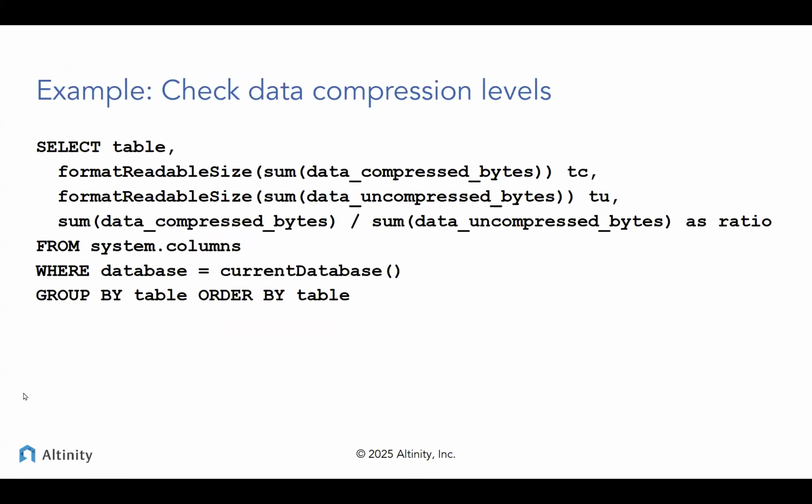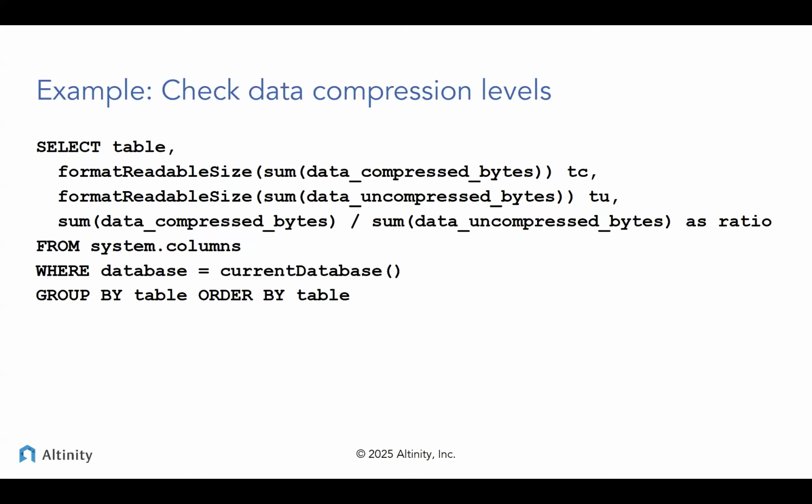There are also system tables for memory. In the interest of time, I left them out, but let me give you a couple of examples. Here's one of my favorite queries to find out really quickly what the level of compression on a table is, so that, in my case, I can boast about it to people who run other databases. We're using system.columns and then aggregating up, grouping by table.